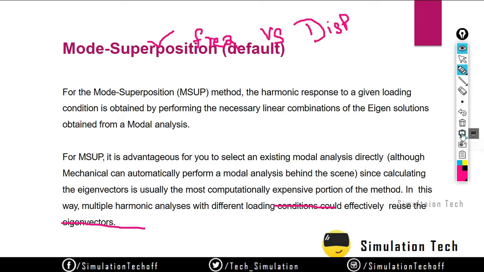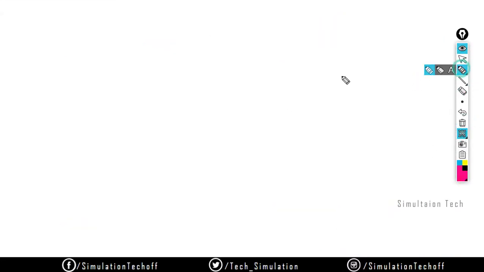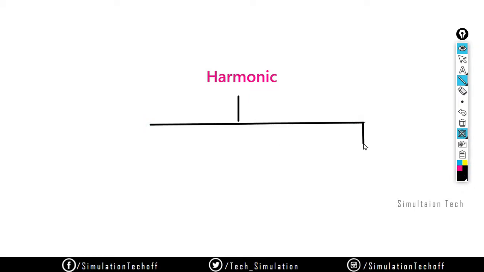Also in harmonic itself, you can do this analysis in two ways. One is the full method. A full method means it's a standalone method. You just drag and drop the harmonic analysis from the analysis system and you can do the analysis.